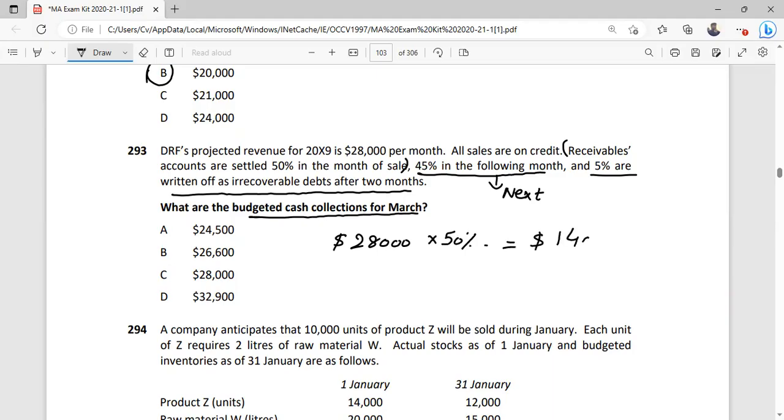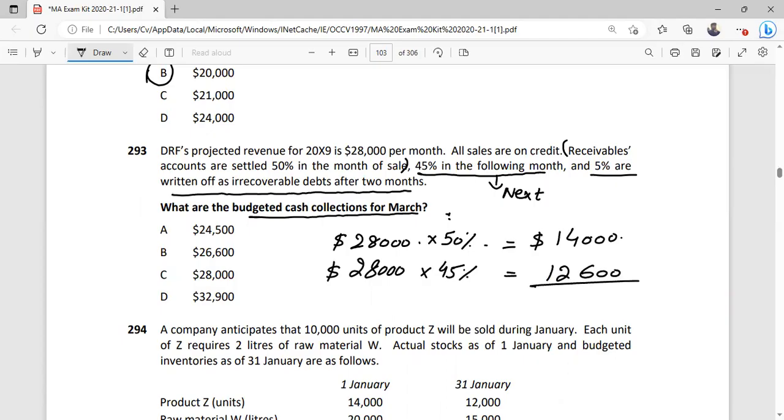It's 14,000. And then we will receive 45% of 28,000, which is 12,600.